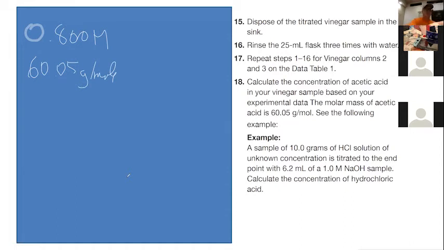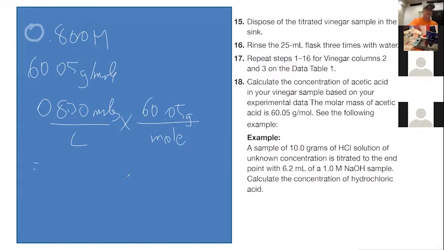So 0.8 moles per liter times 60.05 grams per mole gives us 48.04 grams per liter.